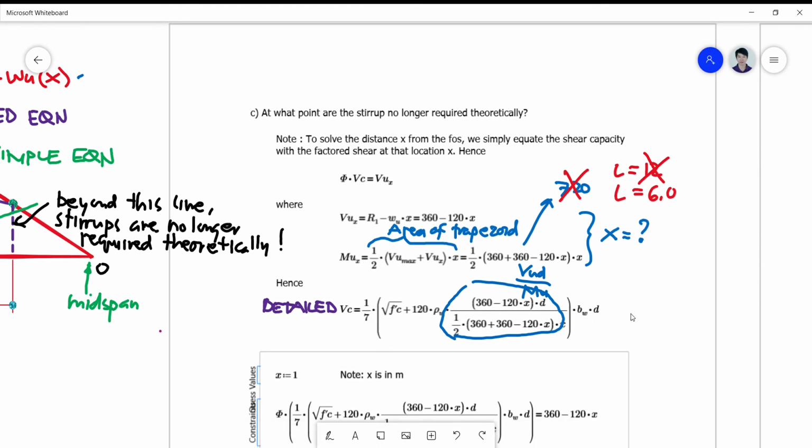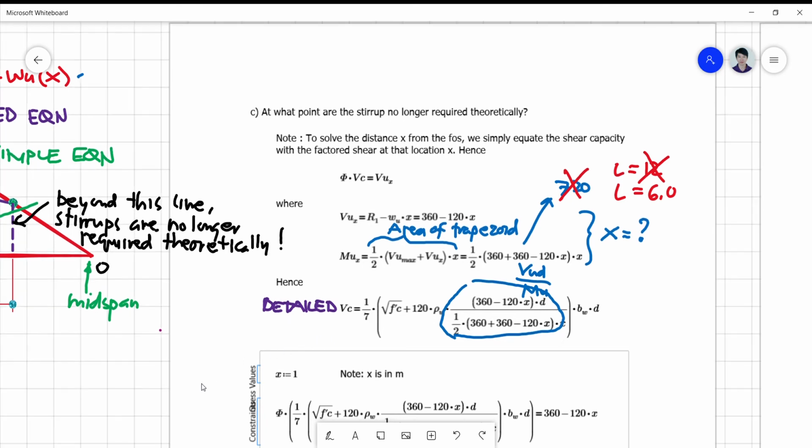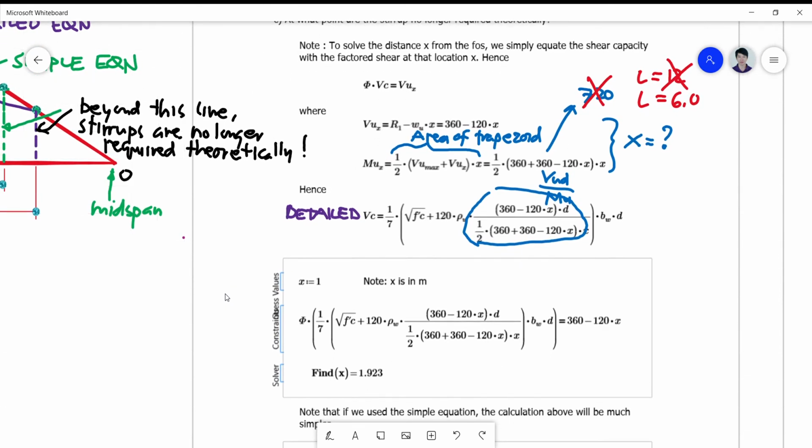And of course, we have to simplify this further using algebra, but since I'm using MathCAD, I don't need to simplify it. If you are using a powerful calculator, then I think this is also manageable.